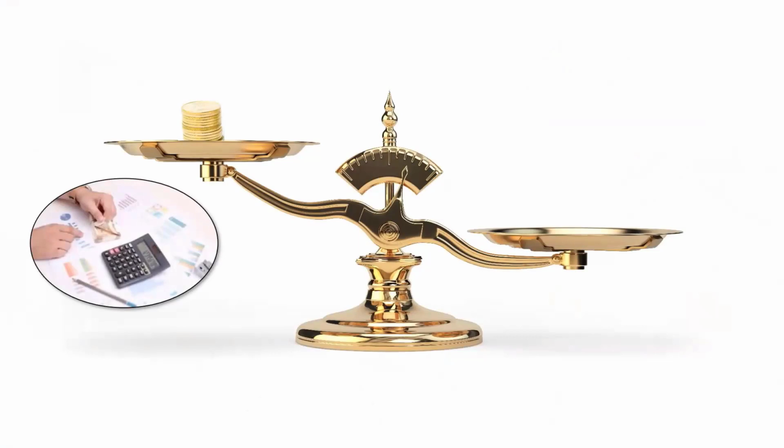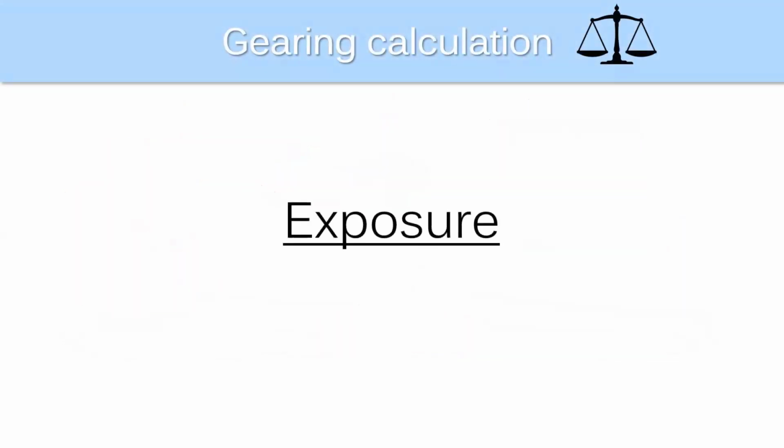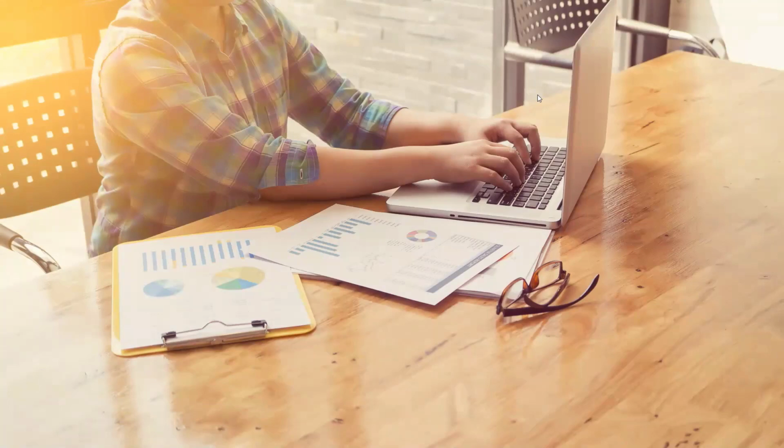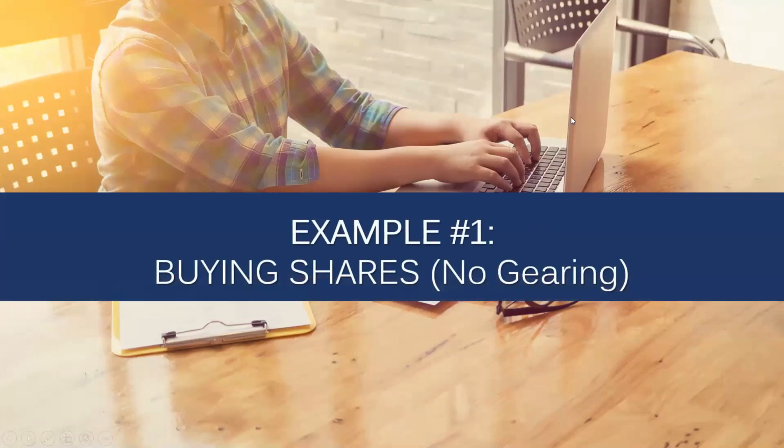And they'll be exposed to the full purchase price of the home. So they've put in their 100,000 Rand and they are exposed to their 1 million Rand house. So basically the gearing calculation is exposure over the initial margin. Okay? So let's now go into an example.